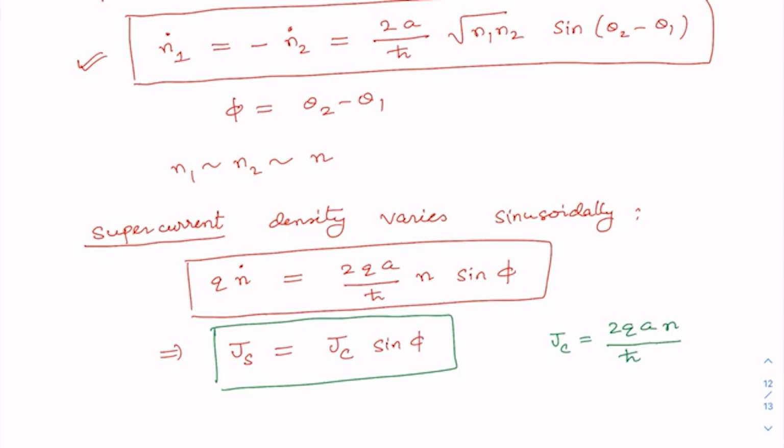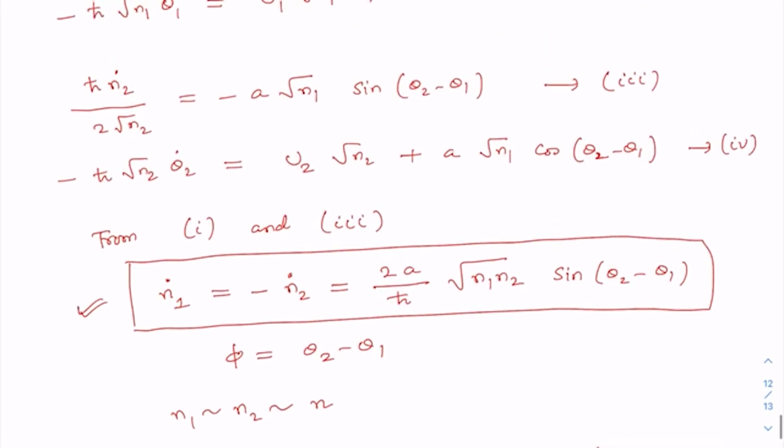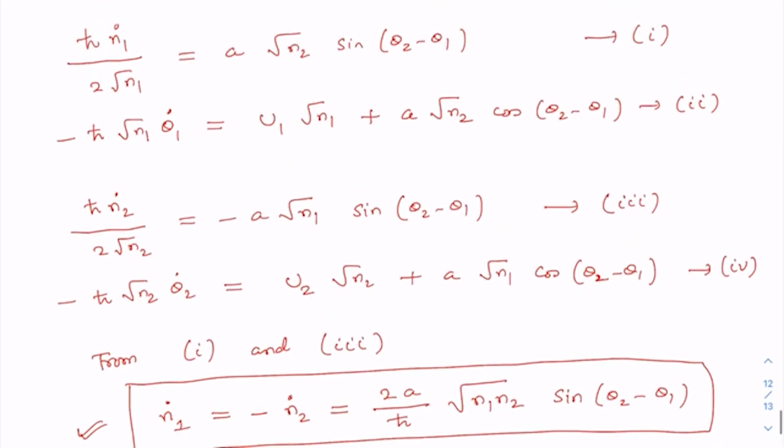Okay, so as you can see that this Jc is determined by the coupling between the superconductors, and now again what we are left with, we still have to deal with equation number 2 and 4.